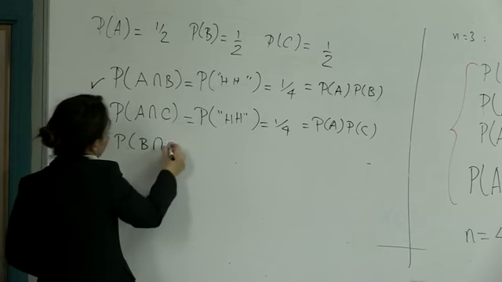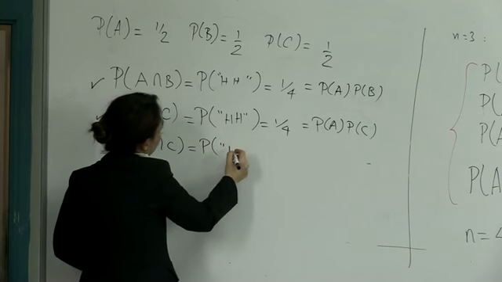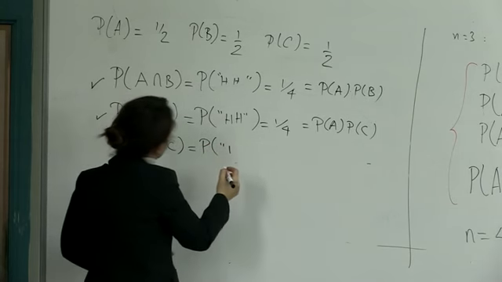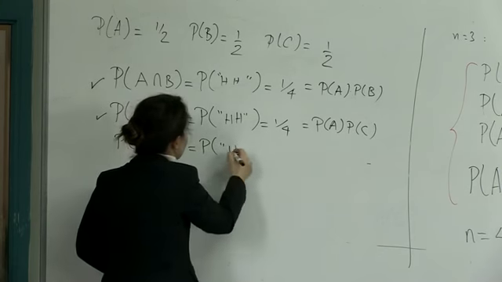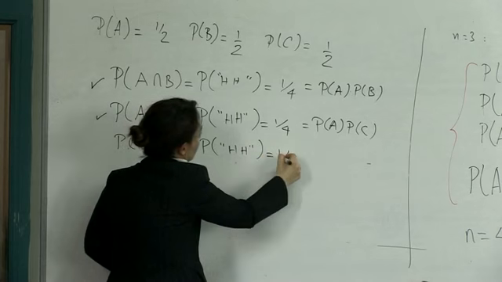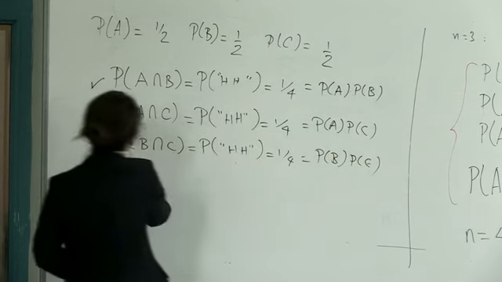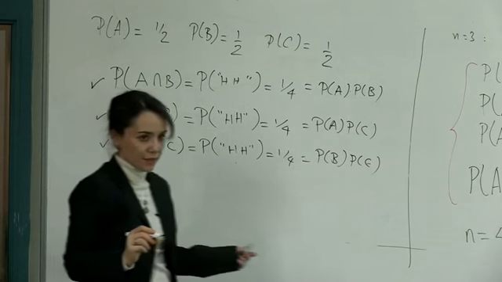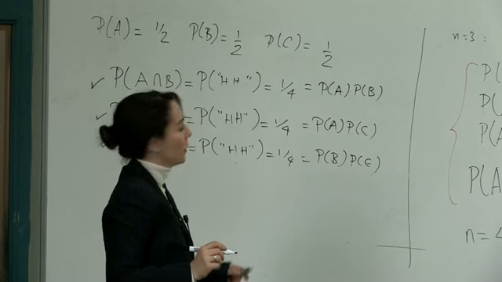Similarly, B and C are the probability of, again, heads, heads, which is 1/4, which is P of B times P of C, independent. Okay. So all 3 events are pairwise independent.